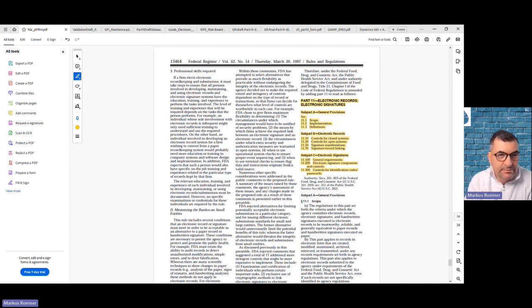I had the feeling at this time that the idea of the US FDA was not only to encourage the industry to go to electronic signatures, even though the technology was not really made for that in 1997, but also demanding a little bit more of the industry so that they get the minimum requirements.